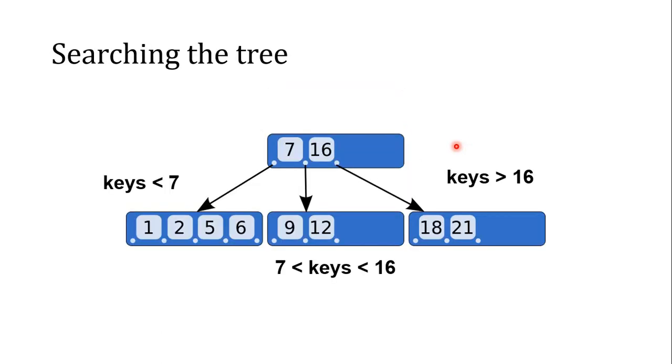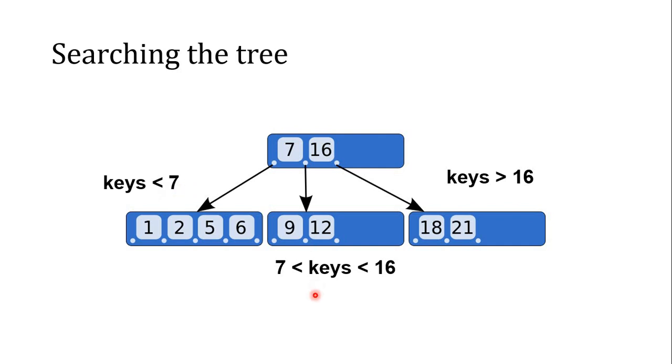We can elaborate this more briefly: in this tree 7 and 16 are in the root node, so in the left hand side the keys are always less than 7.